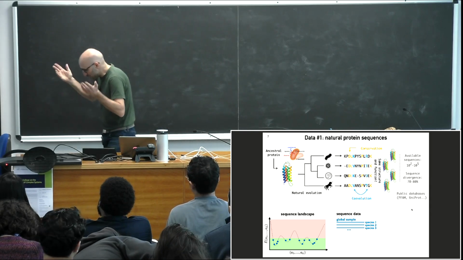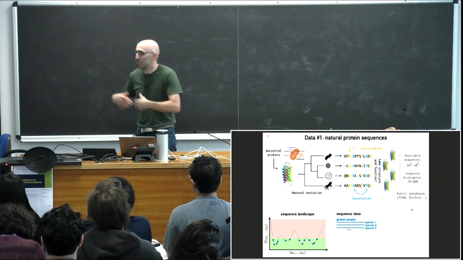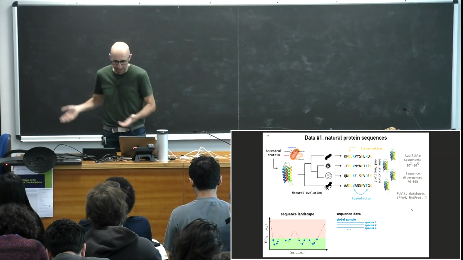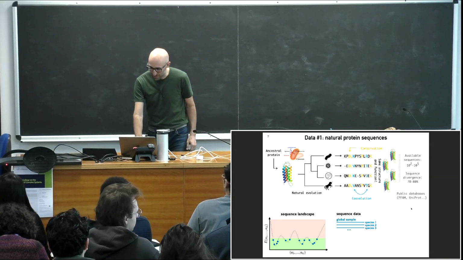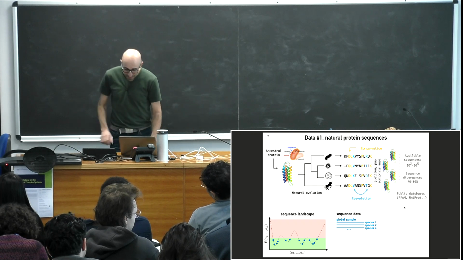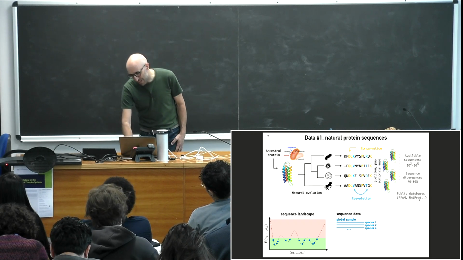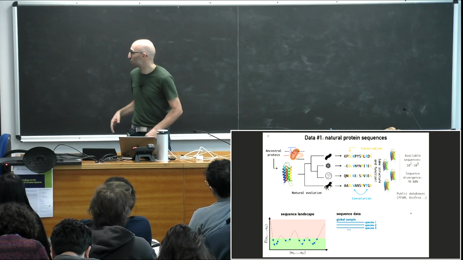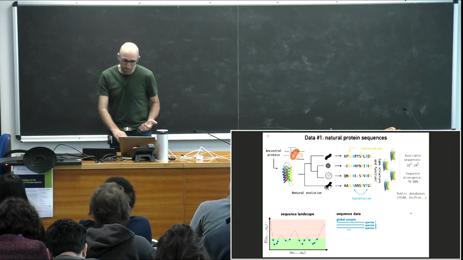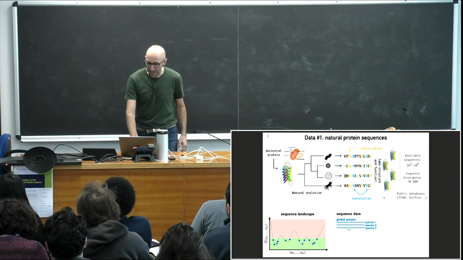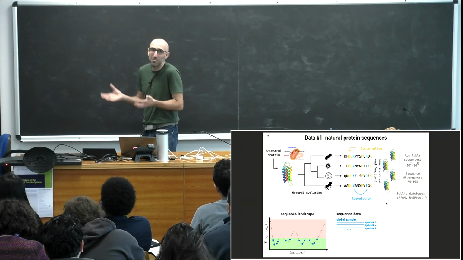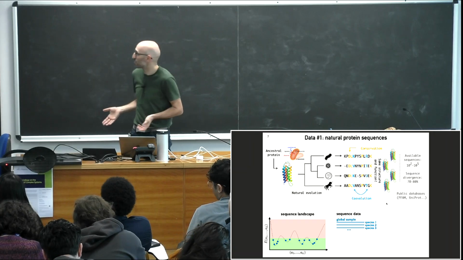People sequence proteins for all kinds of reasons. So typically they put them in these databases, and you can get the sequences. And these databases are organized in families. So you typically have families of sequences that have typically the same structure and similar function, okay?